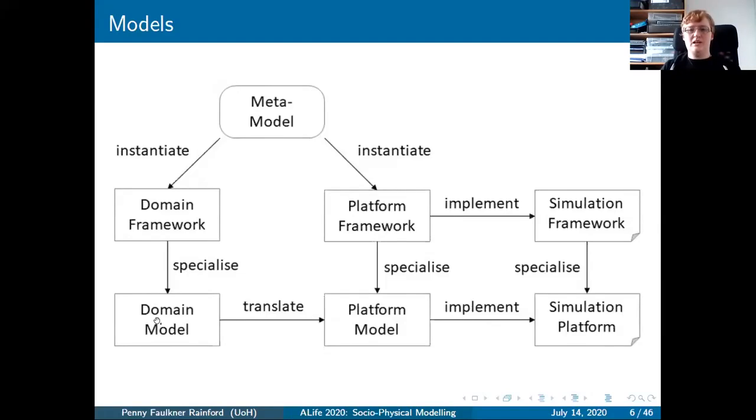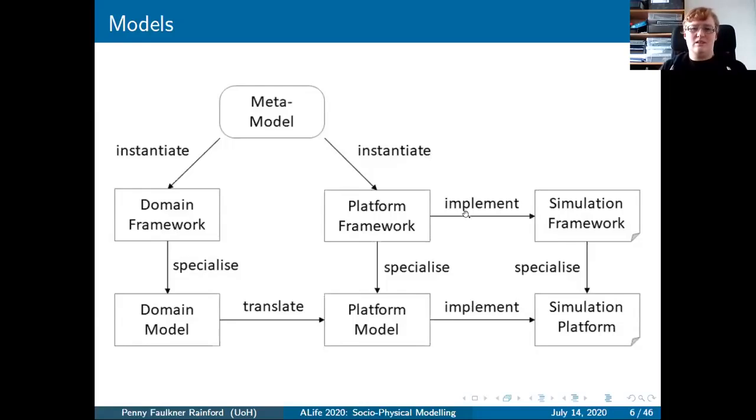So that's our domain expert comes in and they tell us in the language of our meta model what their system looks like, which we then can translate into something that fits into a platform model, which draws a line around what we're actually going to simulate out of that broad idea of the system, which we then implement as our simulation platform. And what this allows us to do is create a very clear and close communication between domain experts and modelers. And that's been very important to us through this whole setup.